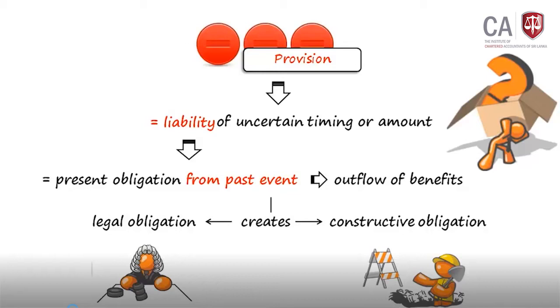We don't know how much we need to pay and when we are going to pay. But anyway, it's a liability. Why? Because the liability definition is what? It's a present obligation as a result of a past event, and when you settle that obligation, there's an outflow of economic benefit. That present obligation can be a legal obligation or constructive obligation.